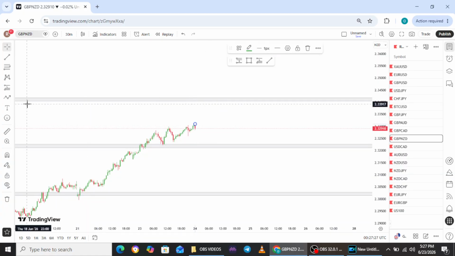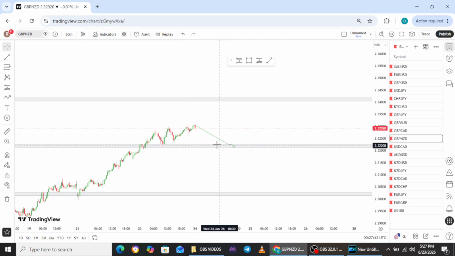If the market comes back to this level, I'll look for a break and retest, then I'll join. Okay, this is what I mean.